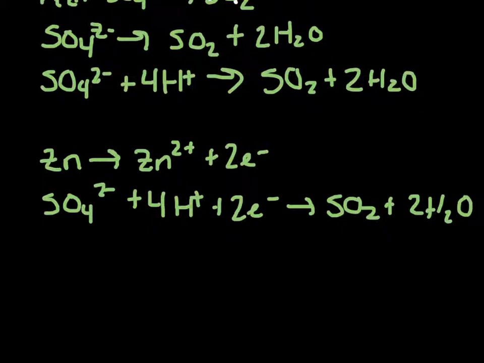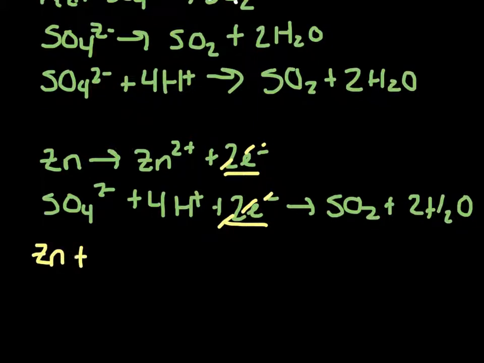The next step says equalize the number of electrons. This one's really nice for us because those electrons are already equal. If you look at them, we have 2 electrons for our zinc, 2 electrons for our sulfate. So we can skip that step and go straight to step 4, where we add the 2 half equations and cancel out the commonalities. So the commonalities are those 2 electrons, and we are going to write everything before the arrow and after the arrow to write our complete reaction.